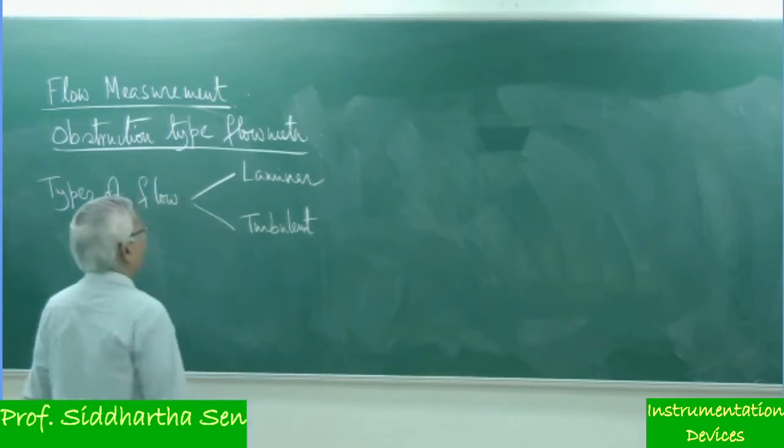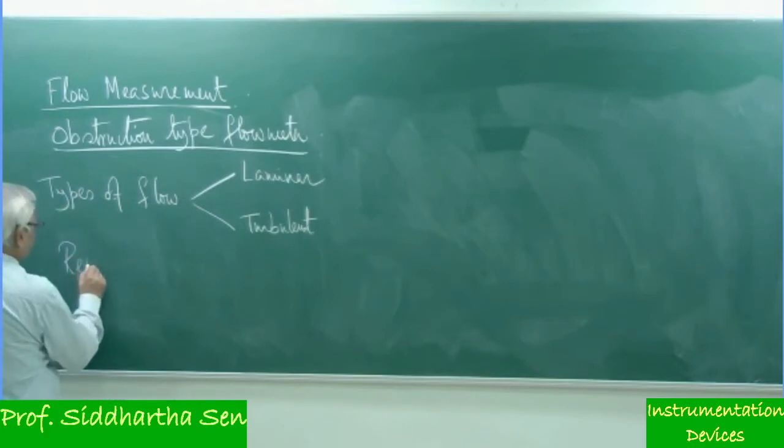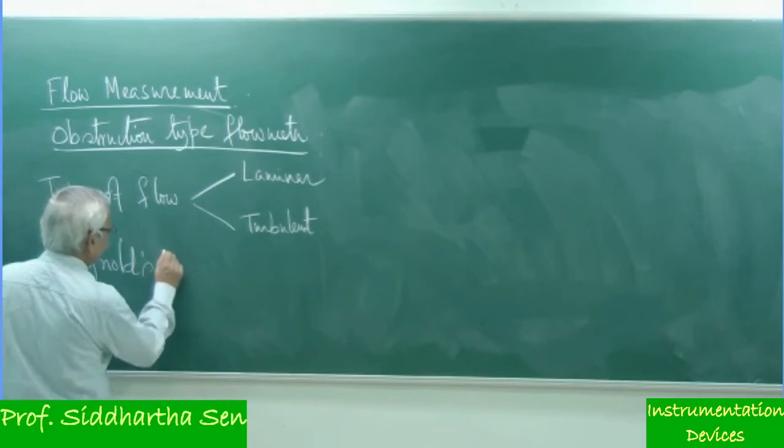How do you decide whether the flow is laminar or turbulent? It is given by the Reynolds number. I think you are all familiar.